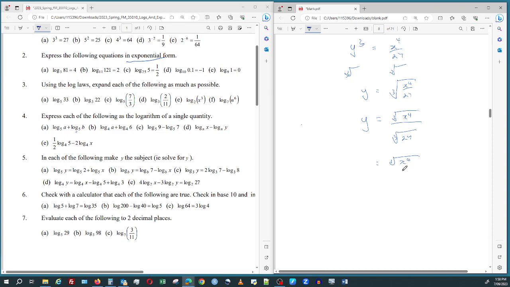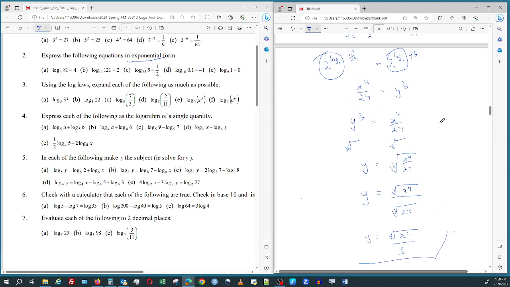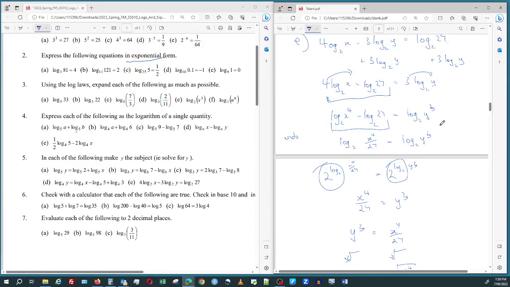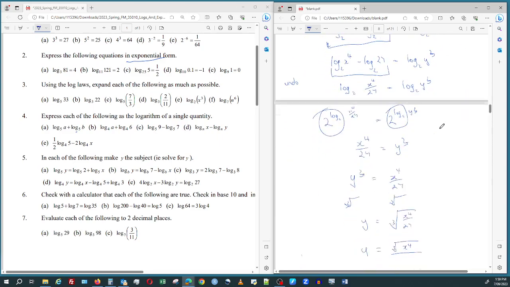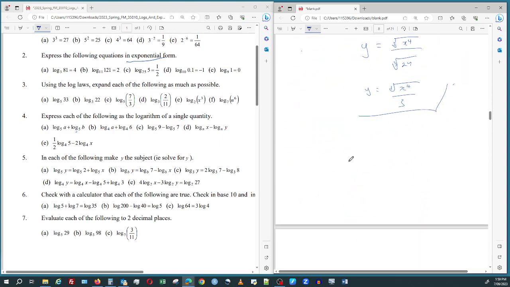And so we'll get the cube root of x to the 4 over 3. That's our final answer. So a lot of gymnastics, that's all it is. It's just undo, undo, undo, undo ad nauseum. Who knew high school algebra was all about undo? So there you go. Come to uni and find that out. Perhaps we could get them to do it at school.